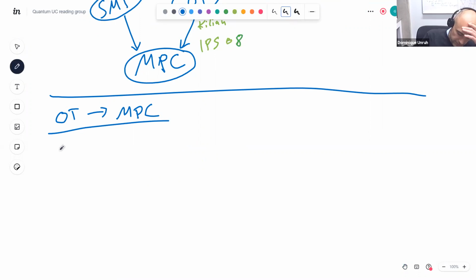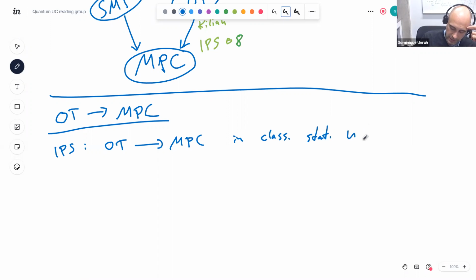And Ishai, Prabhakaran, Sahai showed that there is a protocol that takes an OT and implements an arbitrary multi-party computation functionality in classical statistical UC. Just as a reminder for those not familiar with it, statistical UC is UC where the adversary, the simulator, and the environment can be unlimited.